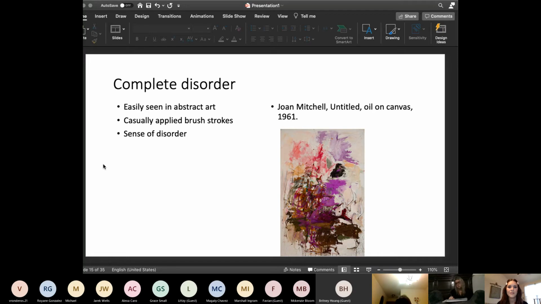And she worked very closely with Jackson Pollock. If you know who that is, then you might understand why it looks kind of like his. And if you don't know who Jackson Pollock is, well, you will by the end of this semester.